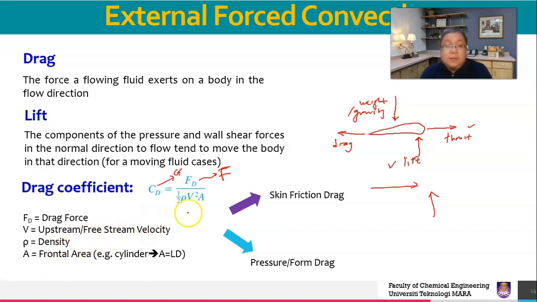Volumetric flow rate normally has the symbol with a dot on the V. You also have the density in the equation, and also the frontal area. Normally the frontal area, either for a cylinder or even for a rectangle, is the same.